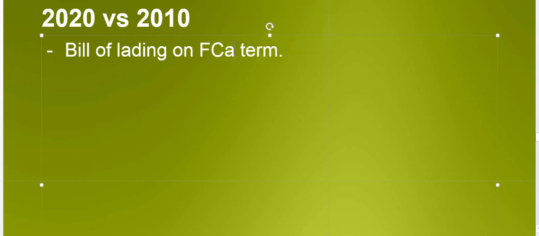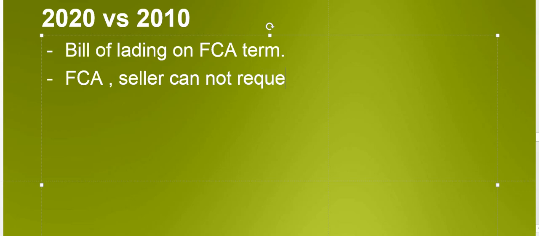In FCA terms, the seller cannot request a shipped bill of lading, because actually FCA is the pre-carriage term for the seller.